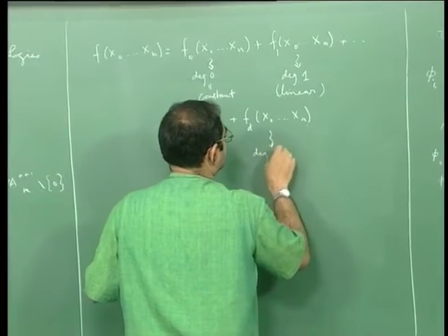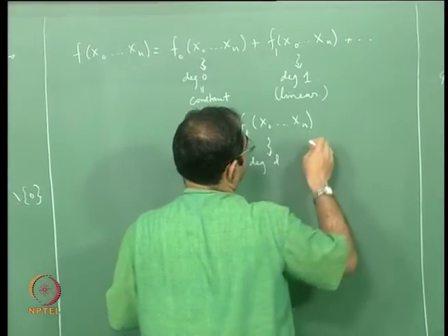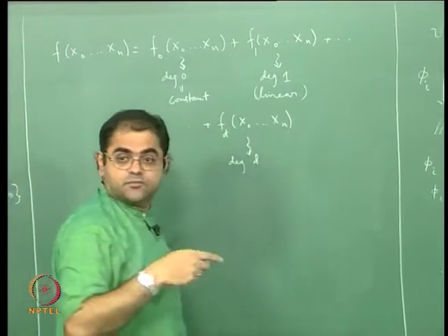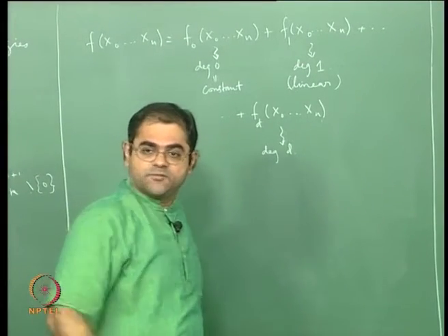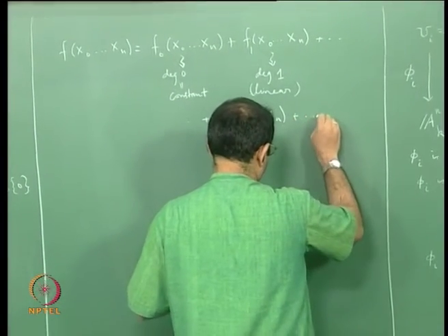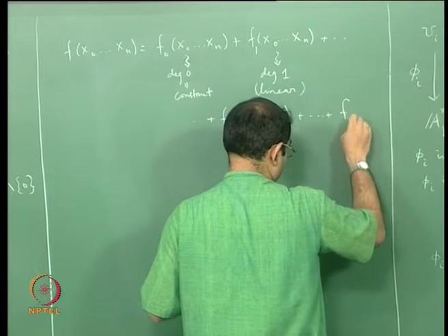Of course when d is 1 it is linear, d is 2 it is quadratic, d is 3 it is cubic, and so on and so forth, up to the degree of f.